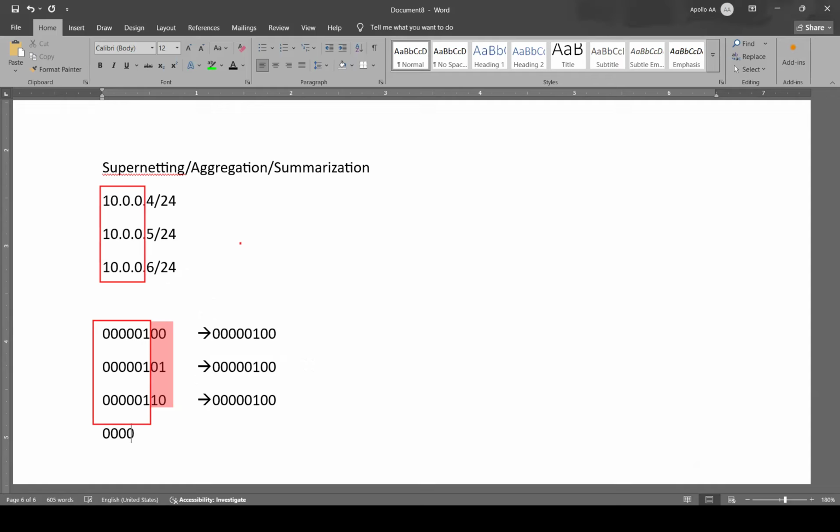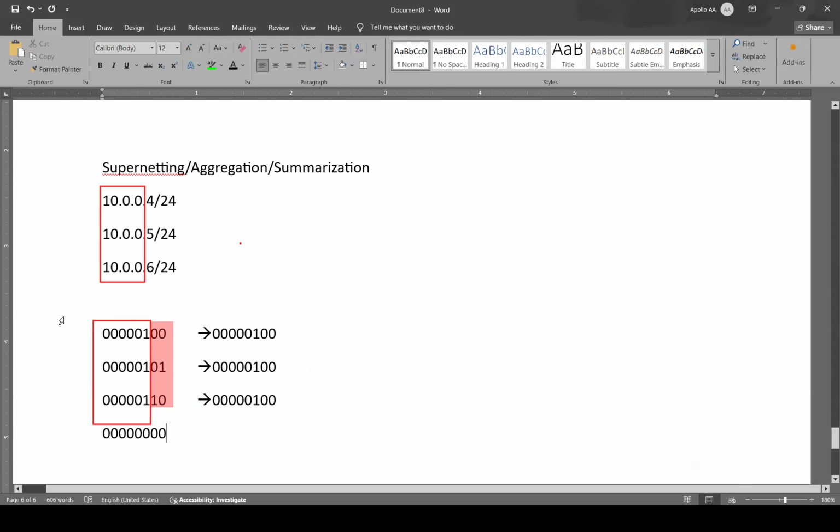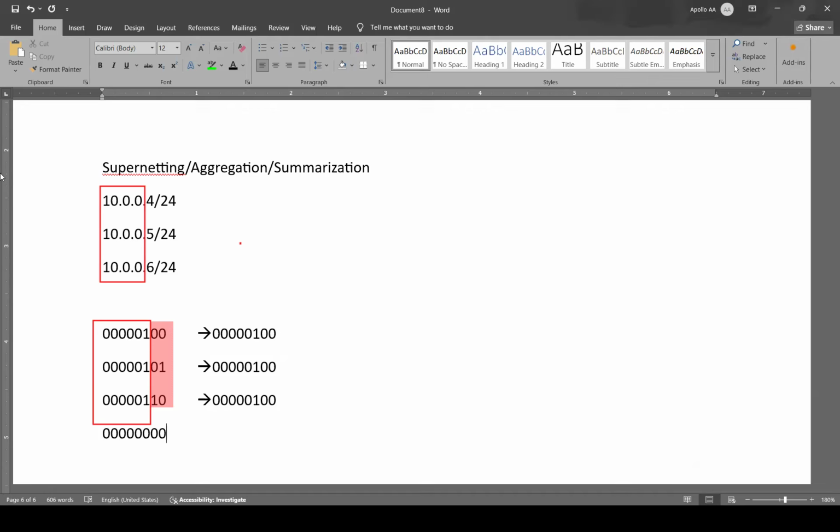So 1, 2, 3, 4, 5, 6, 7, 8. With the last octet as well, we continue with the law that what is the same remains the same, even here. So it just comes down like that. Then what you do, you convert these ones to all ones and these ones to all zeros.